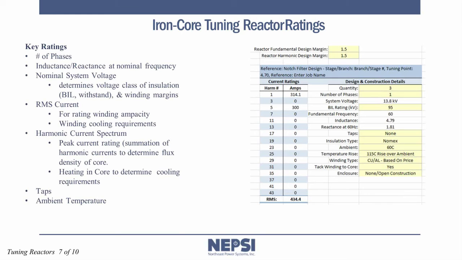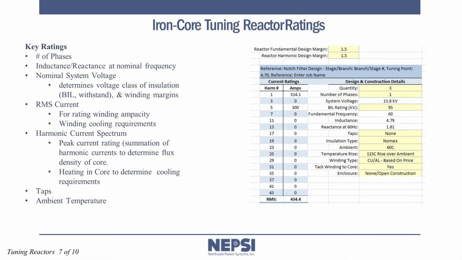For example, I might have a system that consists of 4.7 tuned filters. But there's an option where I can put a tap on the second stage reactors such that the 4.7 tuned filter can be tuned to, say, the 6.7 harmonic. And then the third stage, we could tap that one to be at the 10.7 harmonic.